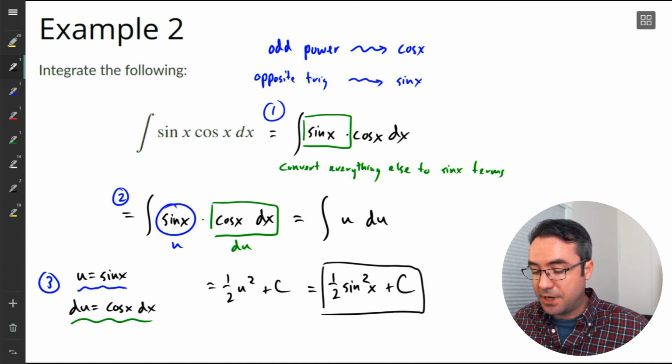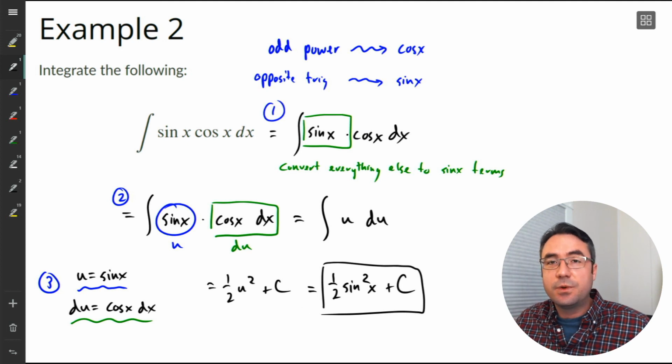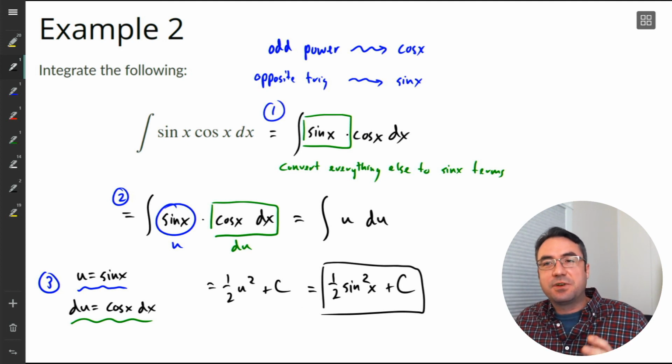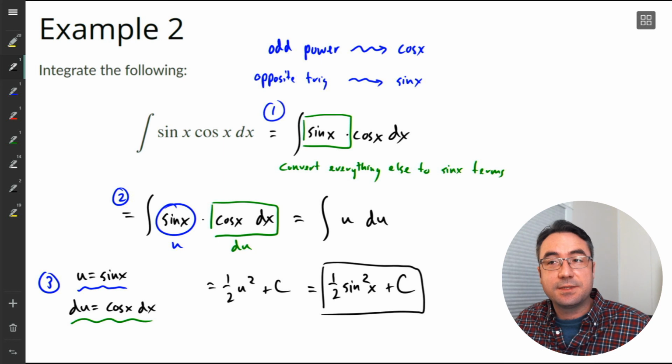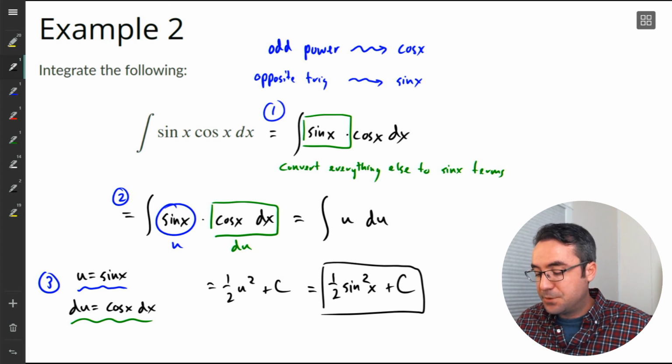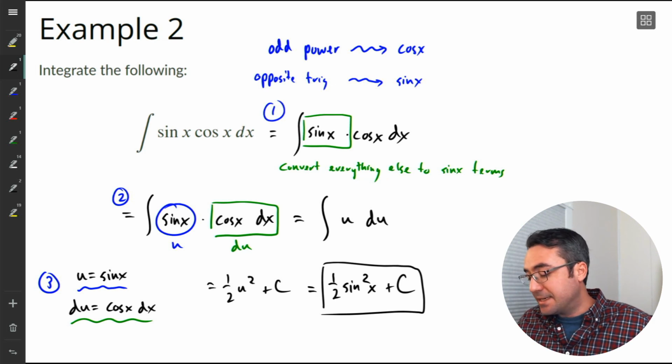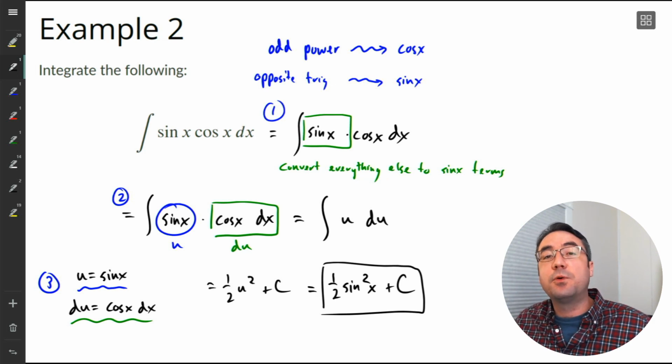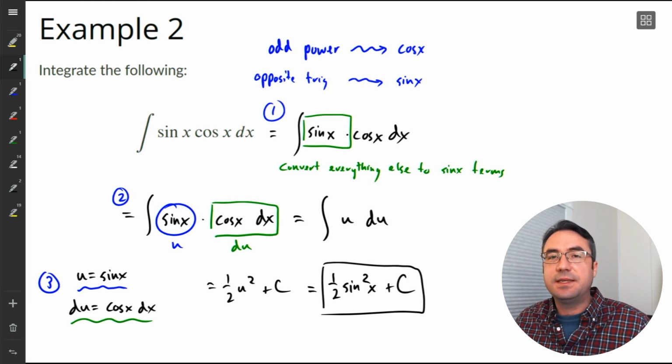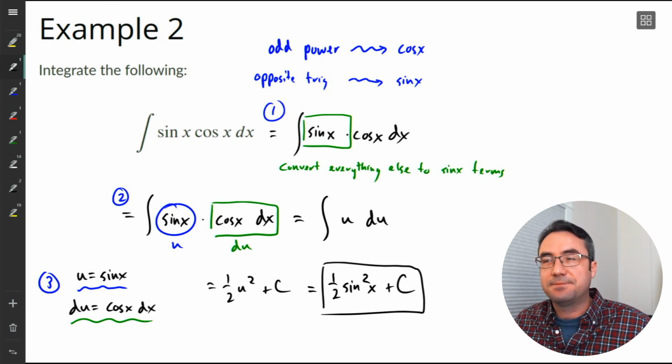We could have done example 2 slightly differently and ended up with a different looking answer, but it would have been equivalent. As long as at least one of those powers is odd, we can use this strategy. Next time we're going to see what happens if both of the exponents are even. It's going to be a slightly different strategy for that.